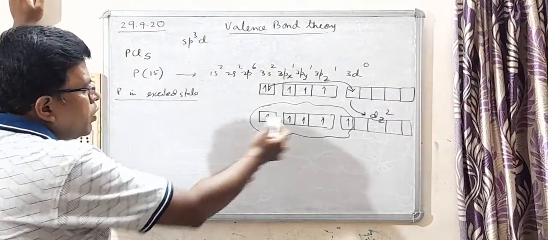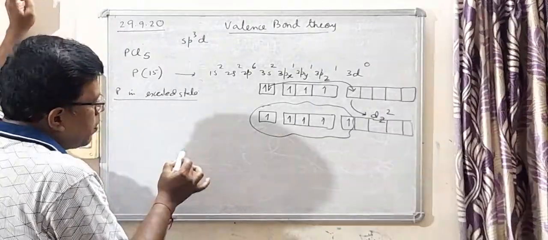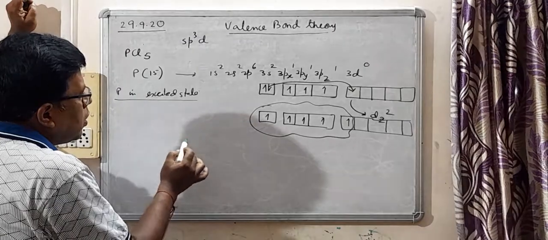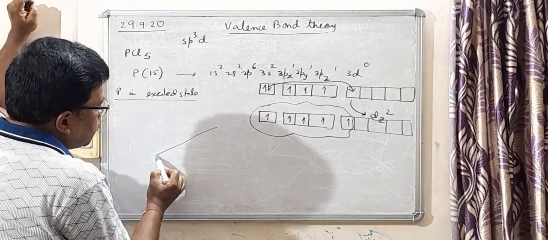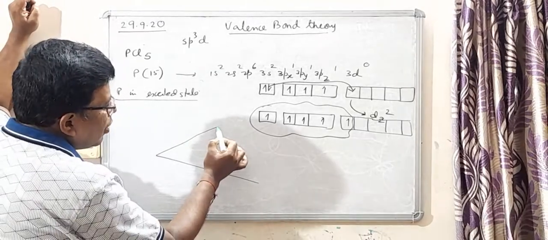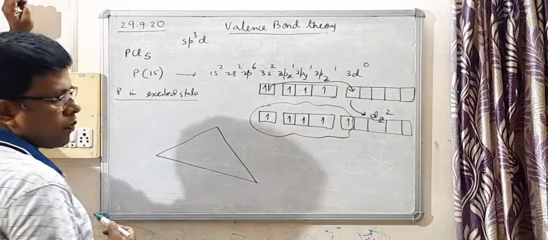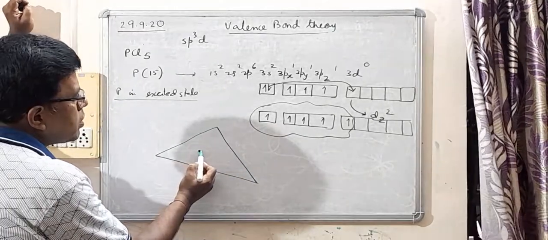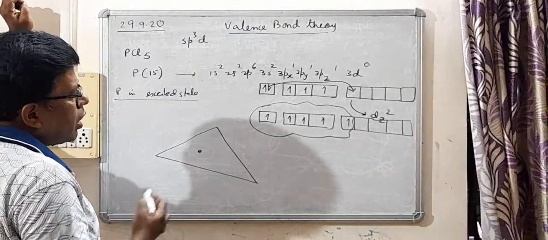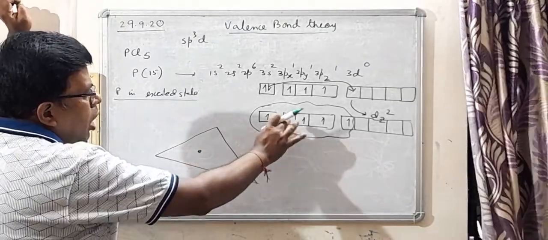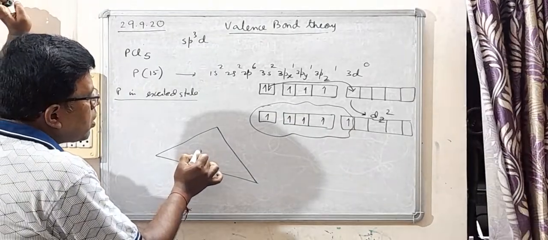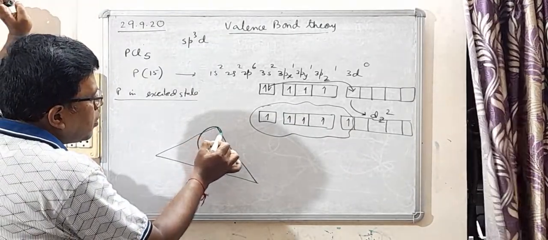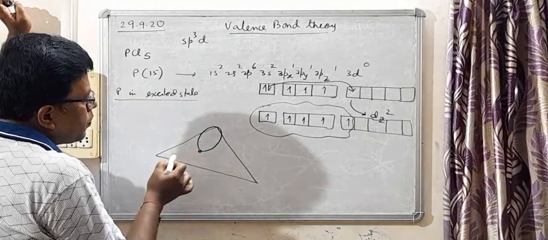The angle between these 5 hybrid orbitals will be like this. First of all, let me draw an equilateral triangle. Say this is the center, and now out of 5 hybrid orbitals, 3 will be in the plane of the triangle.